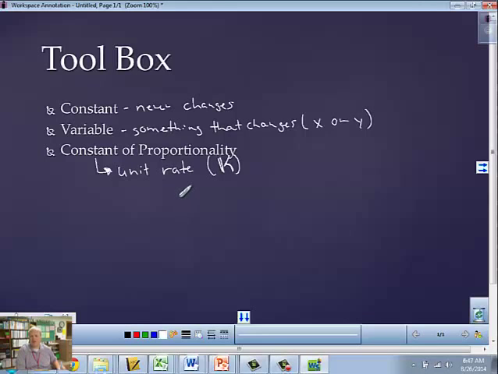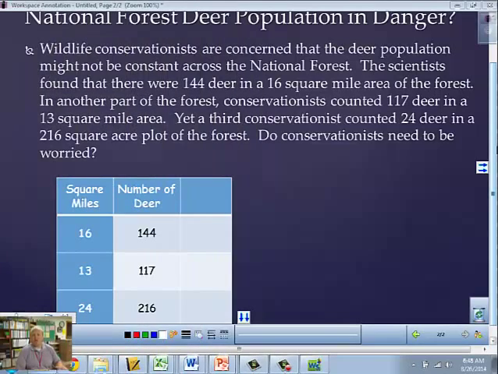Now let's see how this works with some of the problems that we have for today. I was reading an article a couple weeks ago, and this is the scenario I brought to you to see if we could figure it out. Wildlife conservationists are concerned that the deer population might not be constant across the national forest.